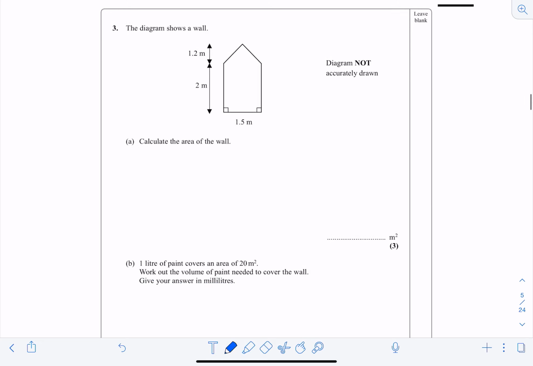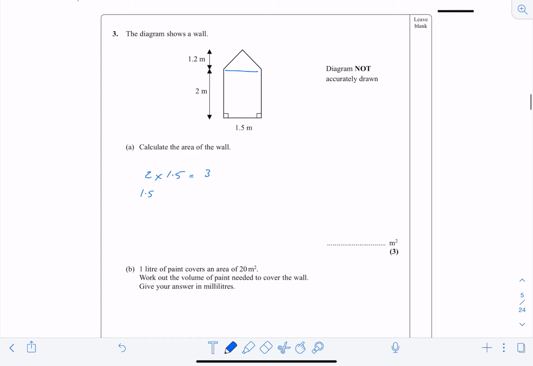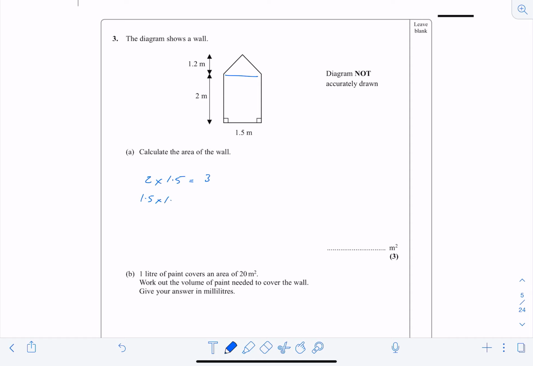Question 3. The diagram shows a wall. Calculate the area of the wall. Okay, and cut it into 2 parts, one rectangle and one triangle. The rectangle is 2 times 1.5, which is 3. And the triangle is 1.5 times 1.2 divided by 2.